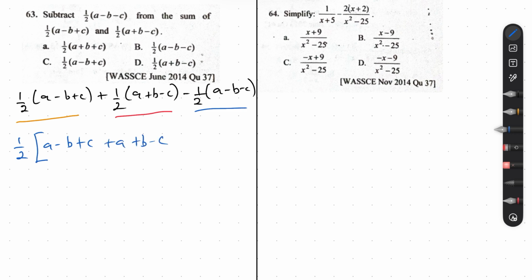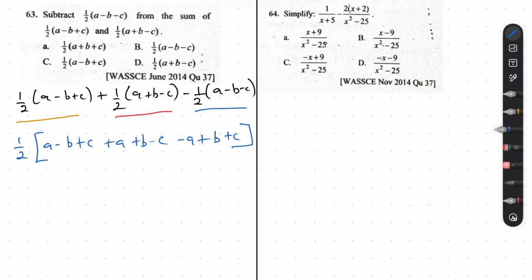Then minus, this minus will affect this, so we get minus a. Then plus, because we negate positive. So plus b, and also negate positive, so plus c. That's it.